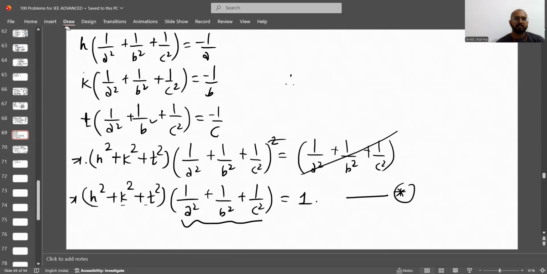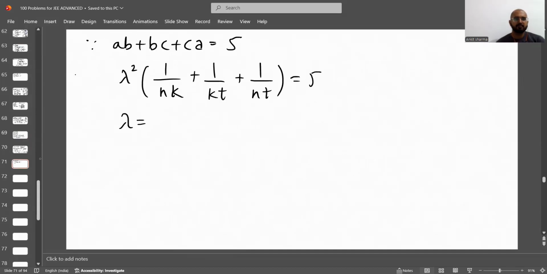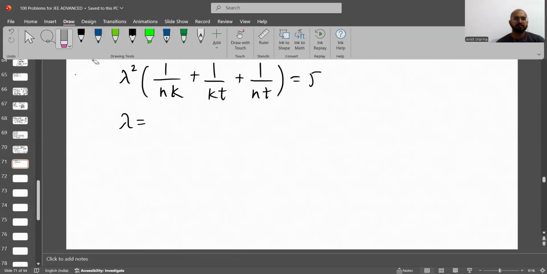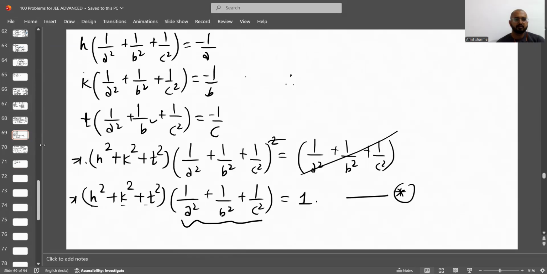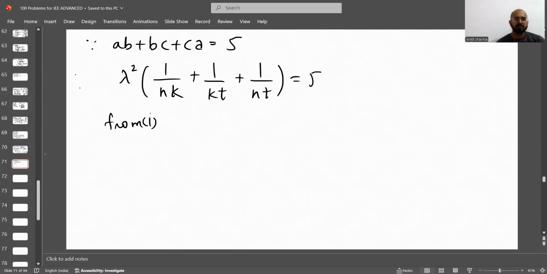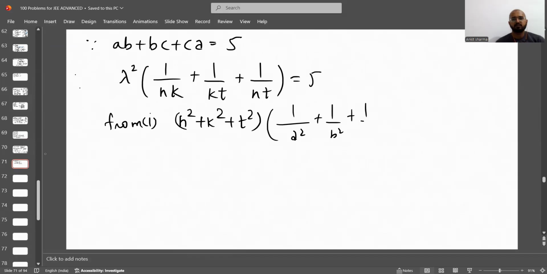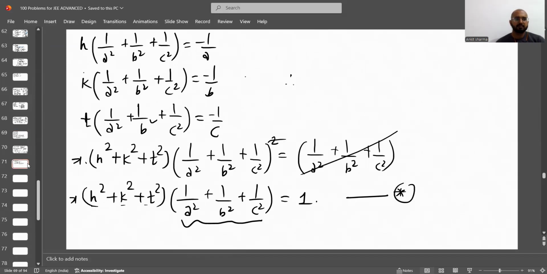So from the first equation, H square plus K square plus T square into 1 over A square plus 1 over B square plus 1 over C square is given to be 1.